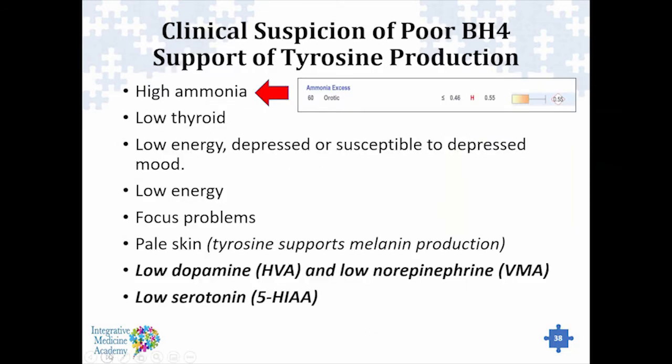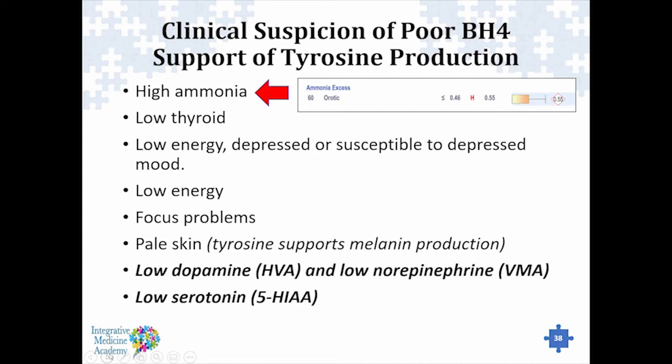Now, clinical suspicion of poor BH4 support of tyrosine production could be low thyroid. So anybody who's manifesting with low thyroid, you can look at the organic acid test to see if there's any indication there, areas that you might support. Certainly low energy, well, that could come about because eventually of low epinephrine production, depressed mood, focus problems, or just picking up on the organic acid test low dopamine, low norepinephrine, and low serotonin.